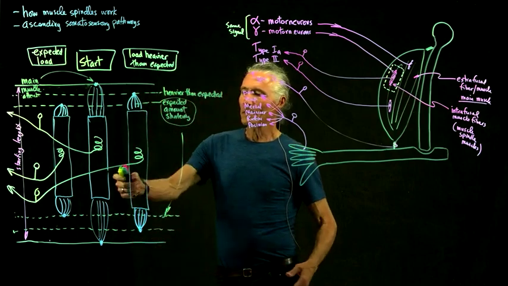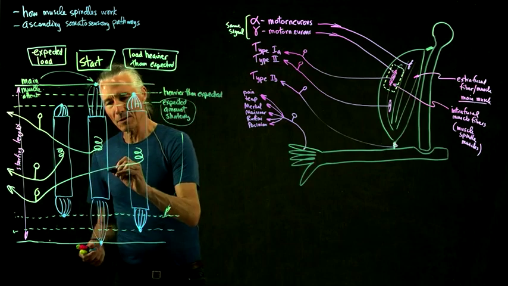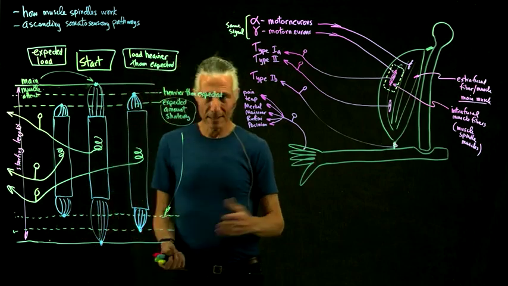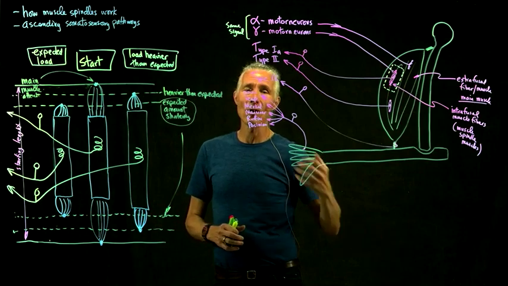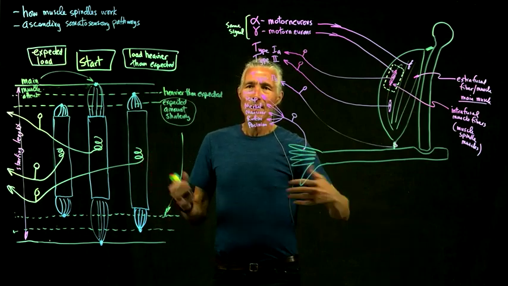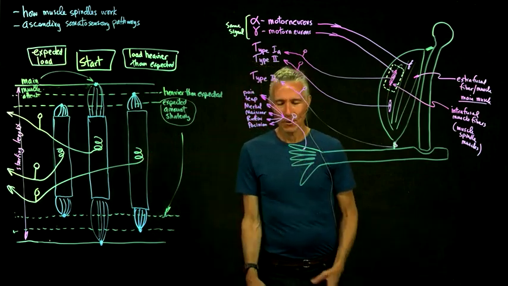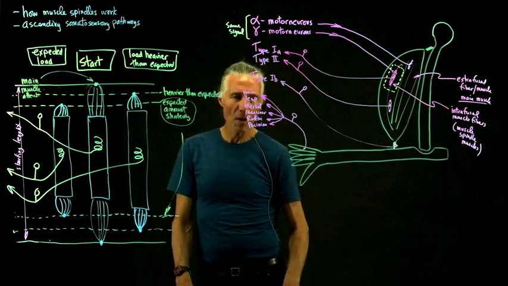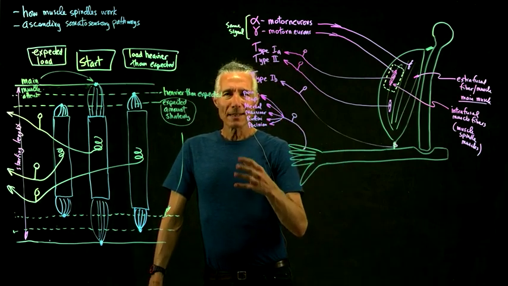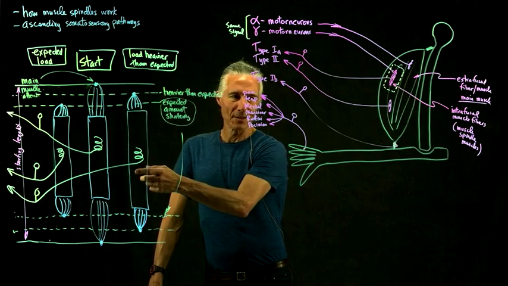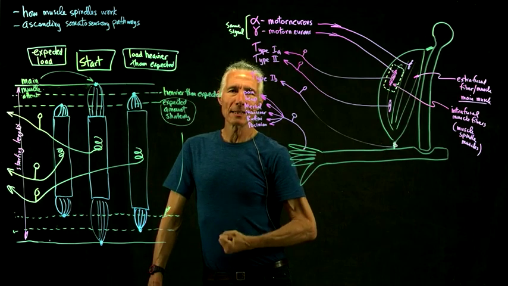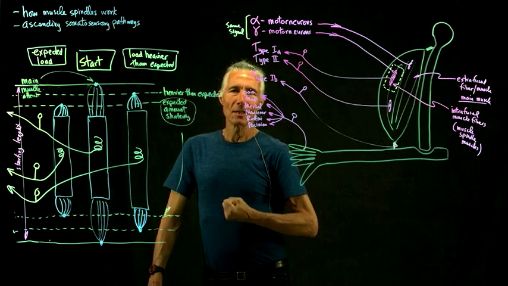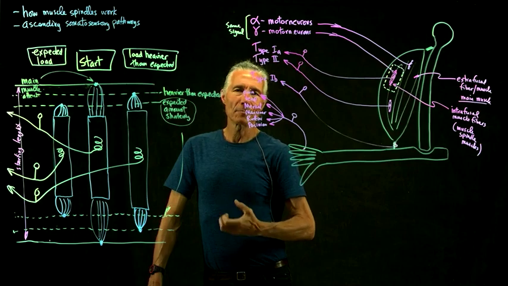Now this is a particular sort of predictive feedback thing, but separate from that, of course, you want to know where your muscles are also. You want to know how long your muscles are for the purpose of figuring out where your limbs are. So it's important to think of how many functionally different things you're doing with these signals. This is a particular signal about predicting how much the shortening should be for a given expected load.